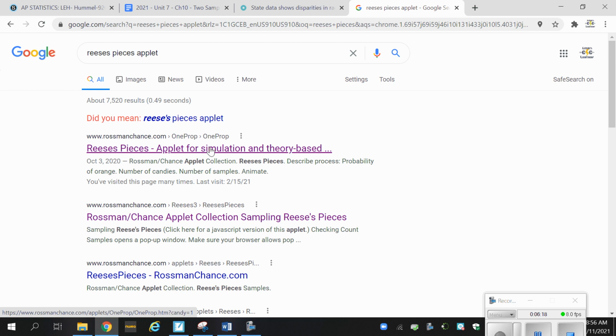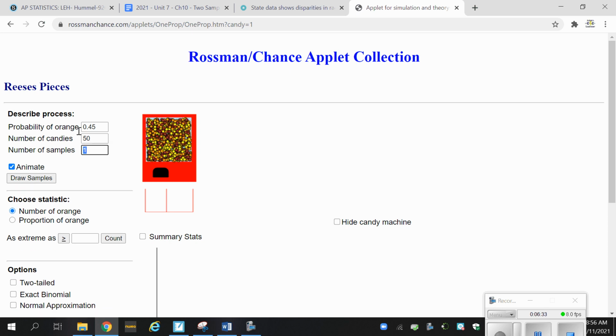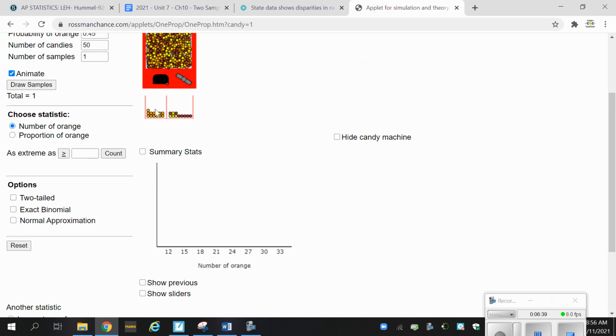Okay, so if you remember sampling distributions, that was the Reese's Pieces applet that showed us that. So we could simulate this. Let's say the truth was 0.45 for people 65 or older that are white who have the vaccine. And let's say we sampled 50. We take a sample, and orange would be success, so those people have received the vaccine.